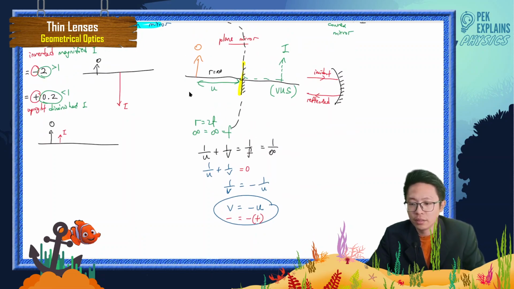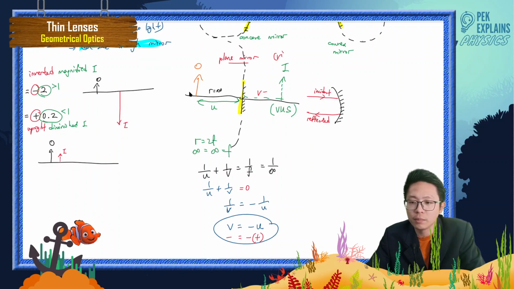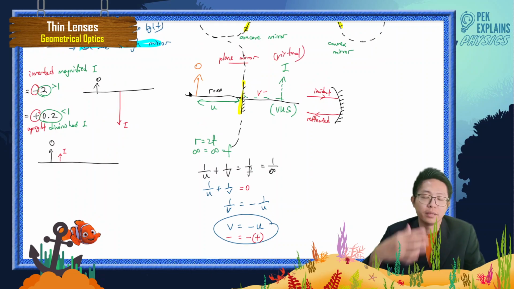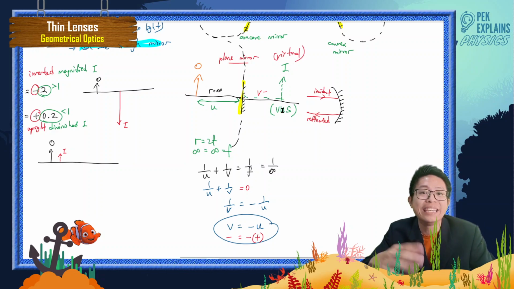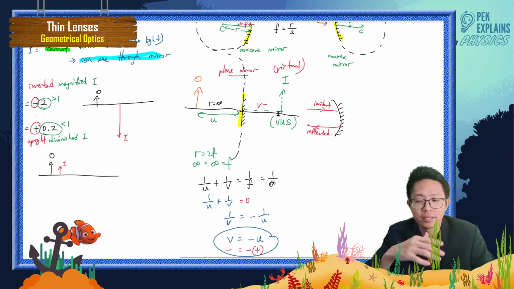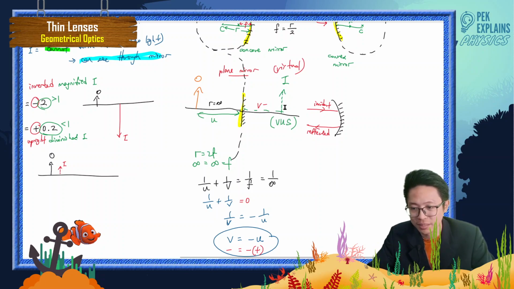When v is negative, this is a virtual image. The image you see in the mirror is actually a virtual image. You just see the image inside the mirror. The image in the mirror cannot be formed on a screen. It's just a virtual image.